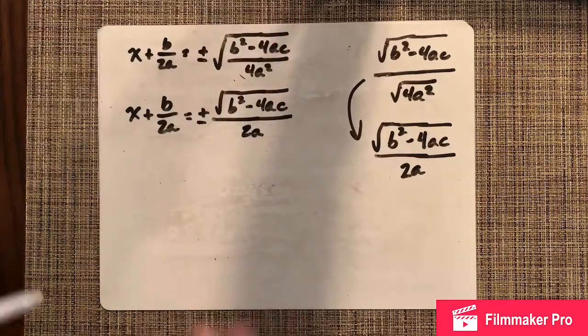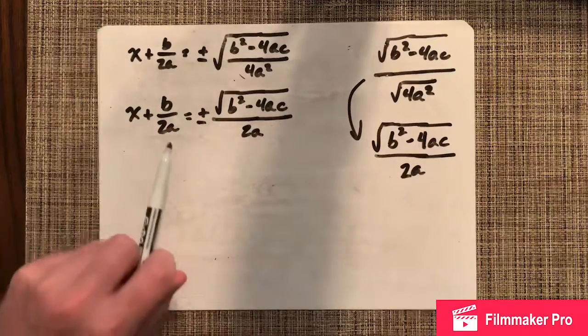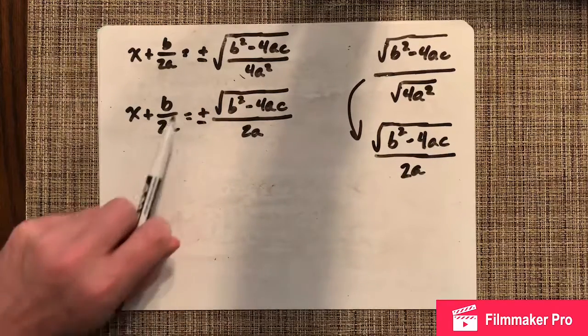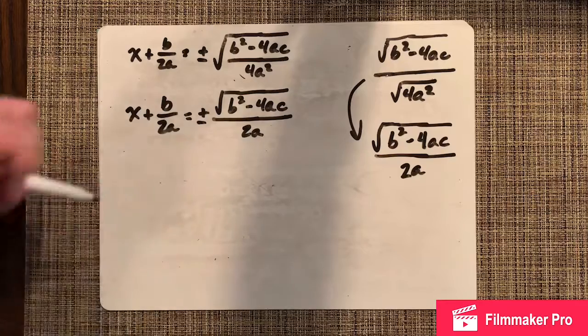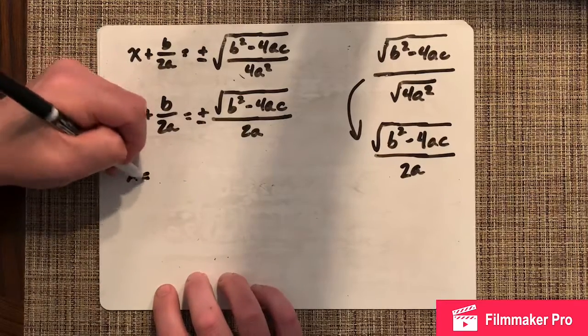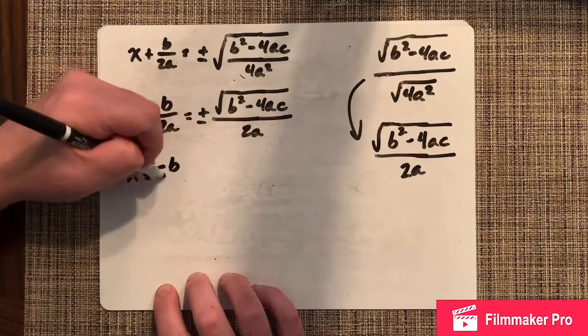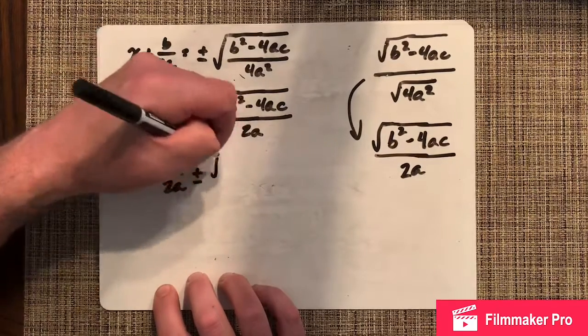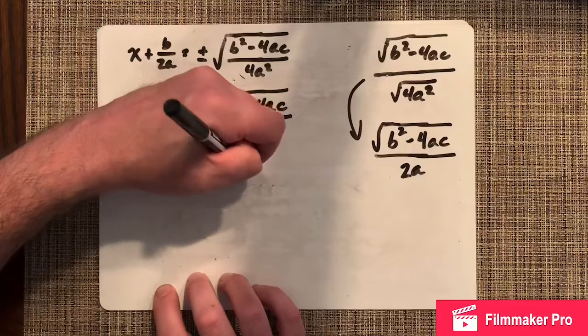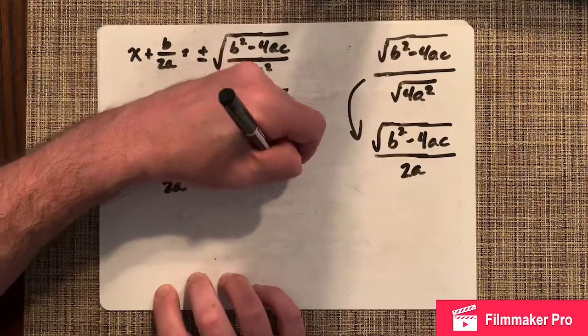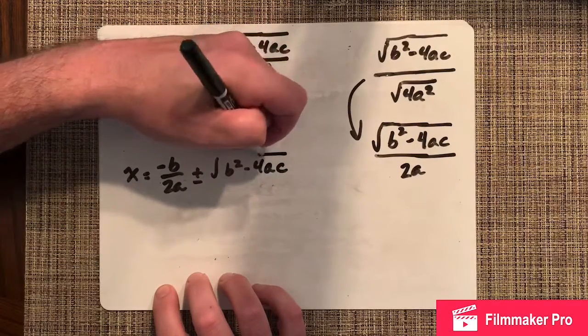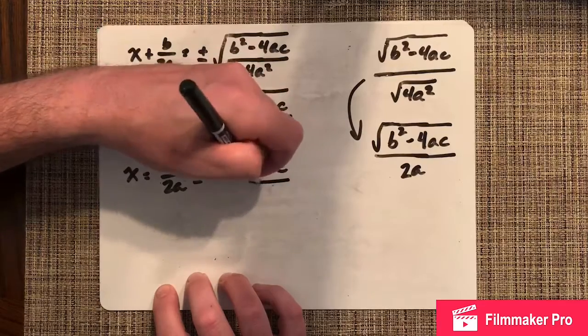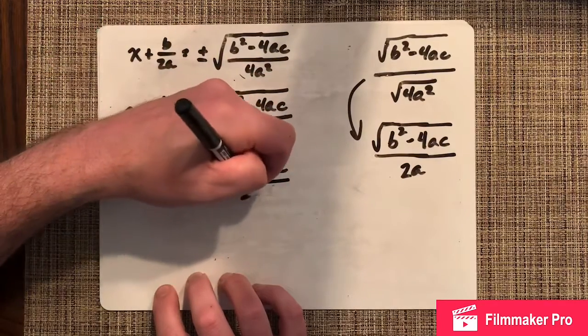Now the good part of doing this, of simplifying this, is that I now have a common denominator here. So when I move this b over 2a over, I'm now going to get x is equal to negative b over 2a plus or minus the square root of b squared minus 4ac, all of that square root, over 2a.